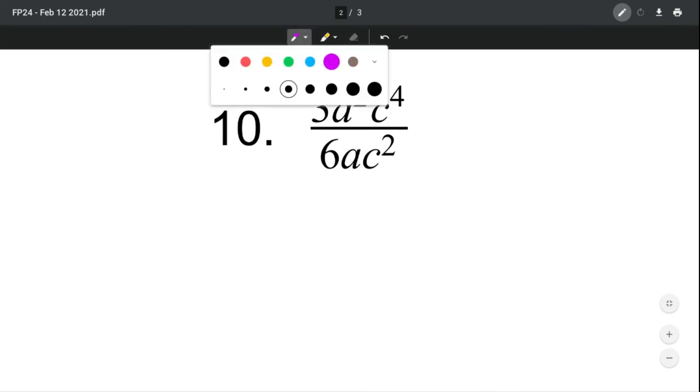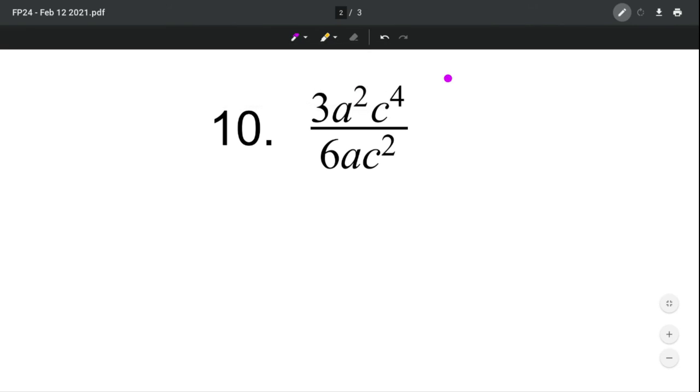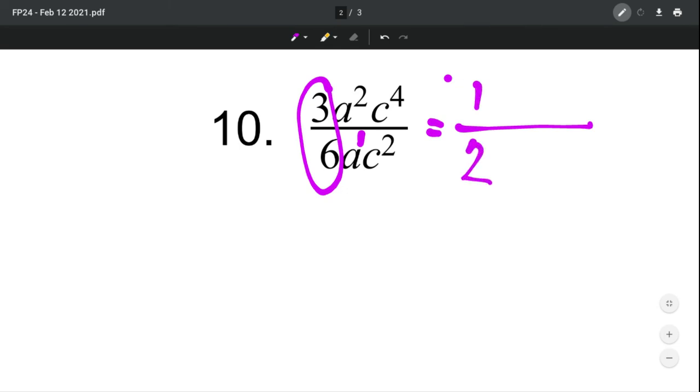Okay, so I've got a monomial divided by another monomial. That's fun to say. So we've got 3 divided by 6. And then I've got a to the second. This is really a to the first, isn't it? What's 3 over 6? That's the same as 1/2, right? So when I'm dividing with monomials, it's like I have 2 a's on the numerator and 1 in the denominator.